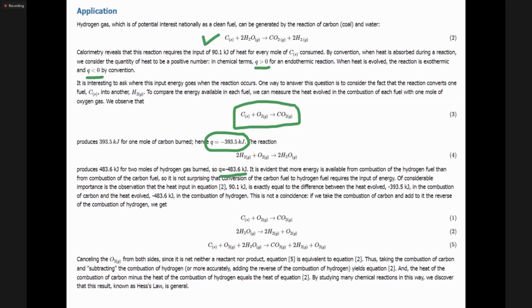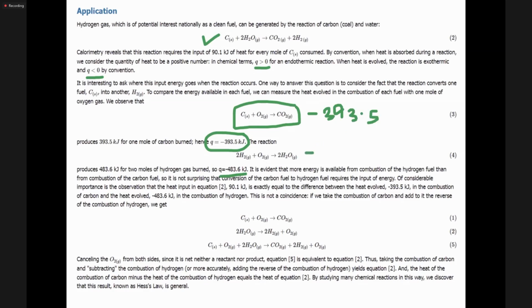If we take the combustion of carbon and add it to the reverse reaction of the combustion of hydrogen, we will get just equation 2. So this also is the consequence of Hess's law of constant heat summation, which I taught you in the last slide. So here for this reaction we have the value minus 393.5 kilojoule.